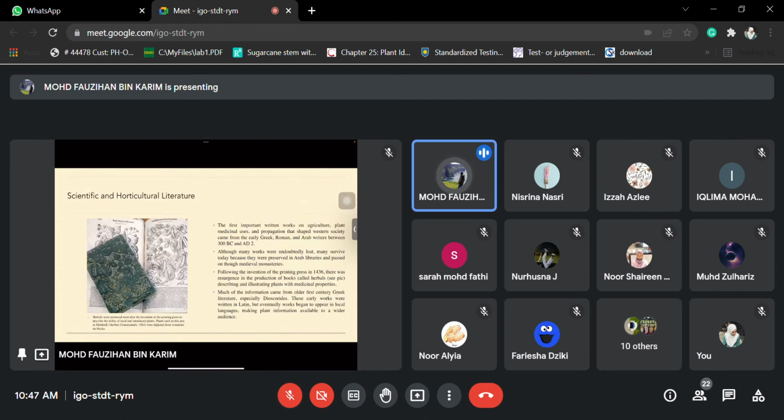And then scientific horticulture literature is a more organized way of collecting and preserving knowledge in a proper way, a form of preservation. We call it horticulture literature.